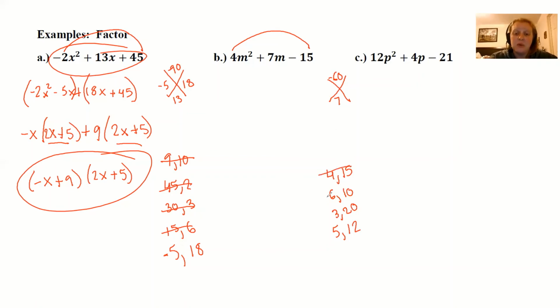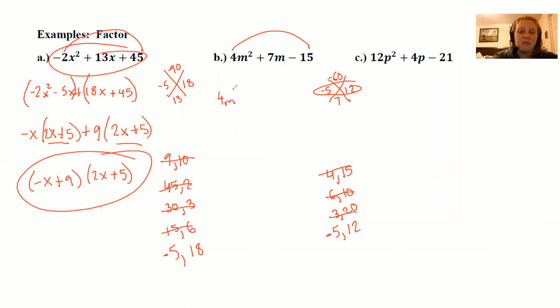So no, no, no. But yes, 12 and 5 could somehow make 7 if 5 is negative. So if I use negative 5 and 12, oh yeah, they do multiply to negative 60 and they add to 7. Those are my magic numbers. So those are the only things that I really care about right now.